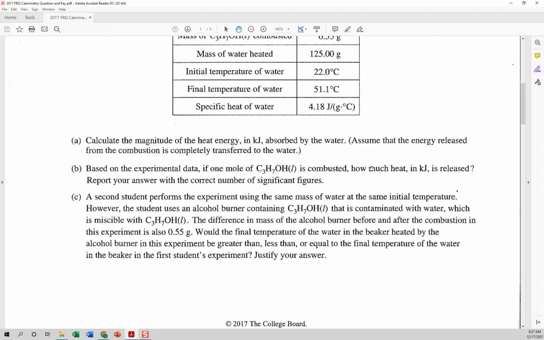But here's the deal. It's asking you to report the number with correct sig figs. So let's understand what we're gonna do. Part A, we answered 15.2 kilojoules. And all we have to do is divide by moles of propanol. If we take that 15.2 kilojoules from part A and divide it by the moles of propanol that underwent combustion, that would give us energy per mole of propanol, and that would be our answer.